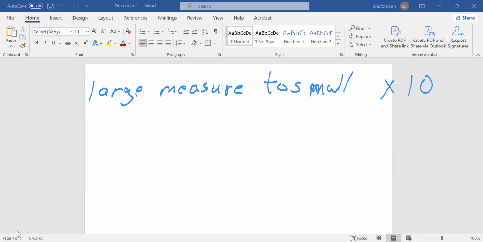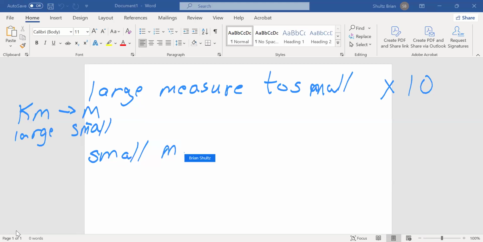So like if I'm going from kilometers to meters, this is a large measure compared to meters. If I'm going from a large measure to a small, I multiply by 10. If I'm going from a small measure to a large, I divide by 10. For each prefix, I change.